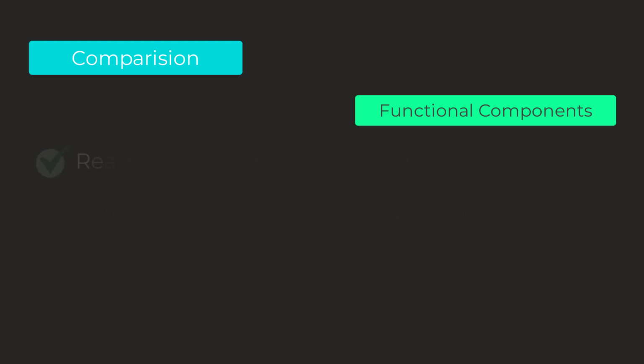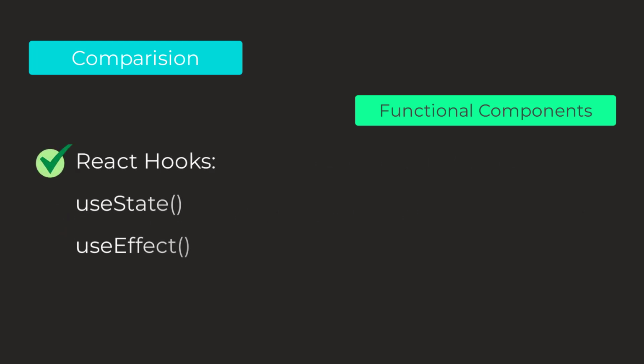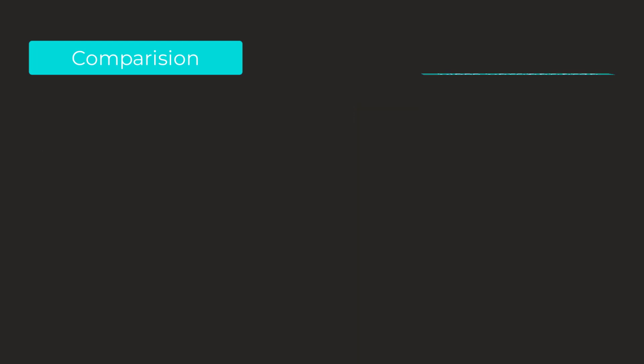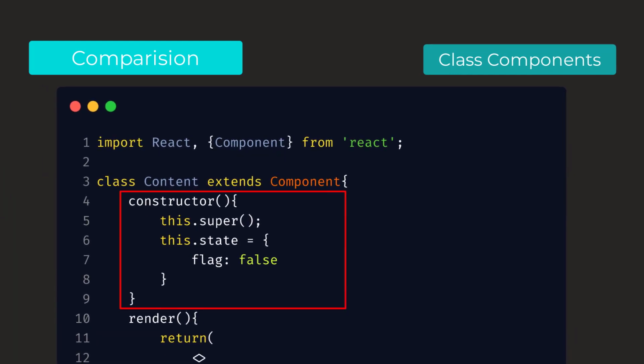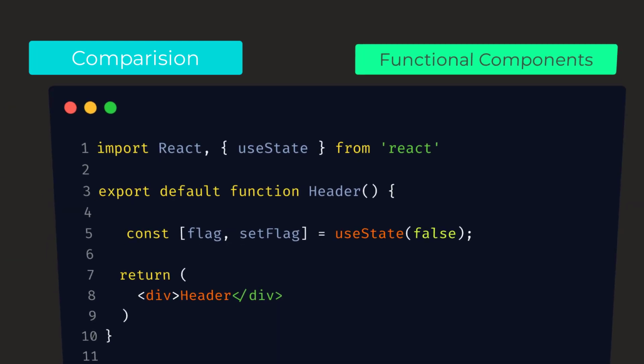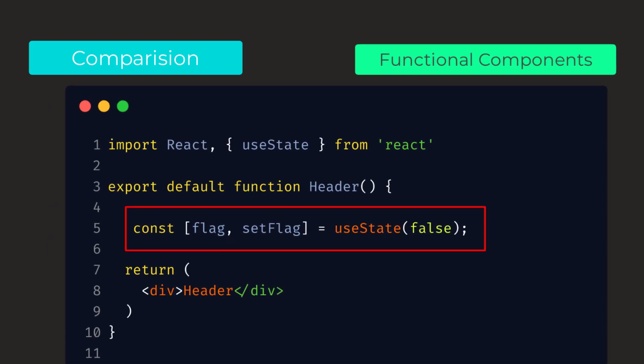React provides us the hooks to make our functional components stateful. Inside the class component, we define the state differently. We have a constructor, and inside the constructor, we define the state. While in the functional component, we have the React hook called useState, and we can define the state with the help of that useState hook.